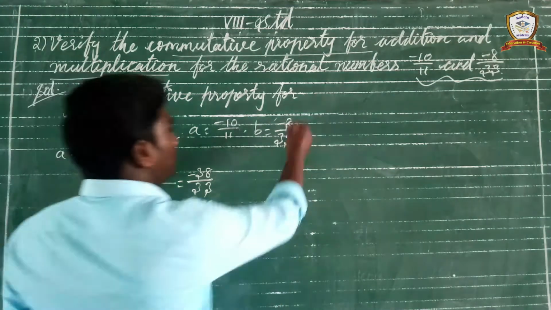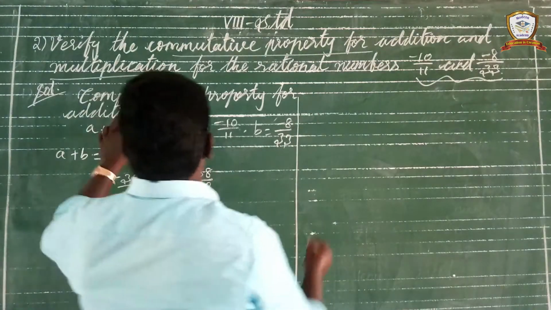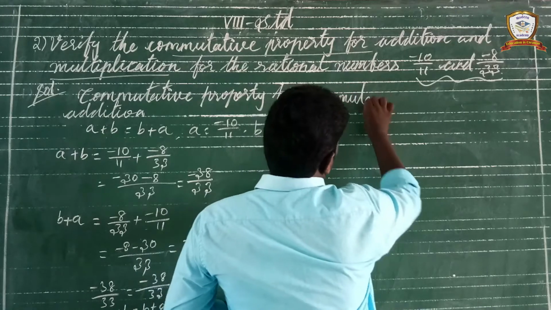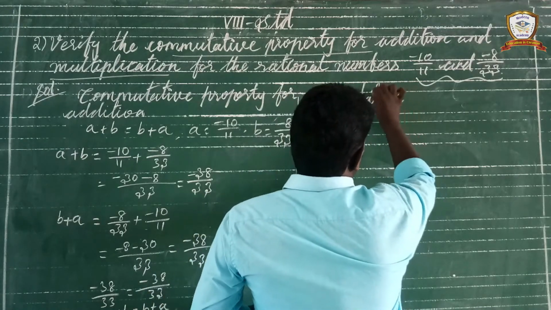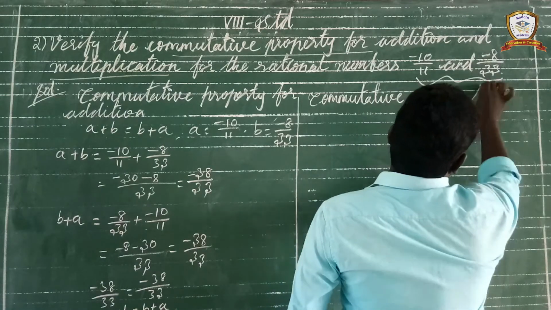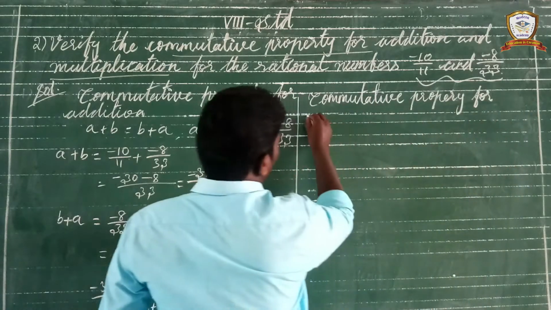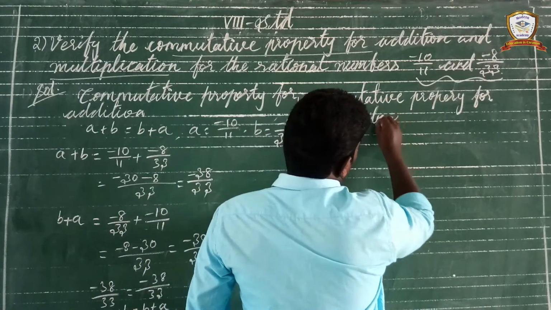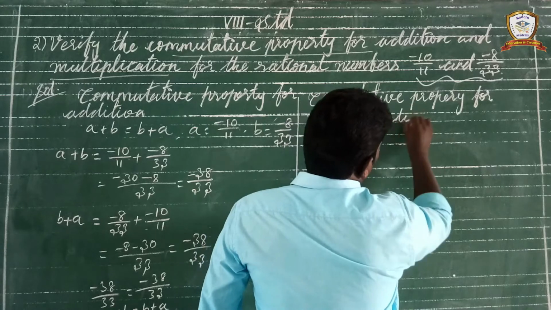The next one, commutative property for multiplication.